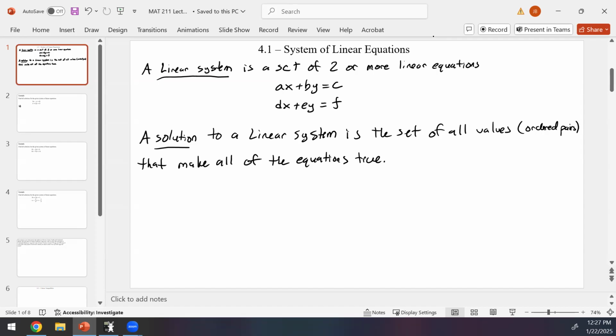That means if you plug in the numbers into all of the equations, they all give you like 5 equals 5, or they're all true statements. And it has to work for all of them. It can't just work for one of them and not the other. So it has to make all of the equations true at the same time.